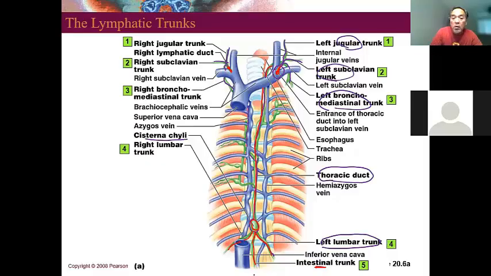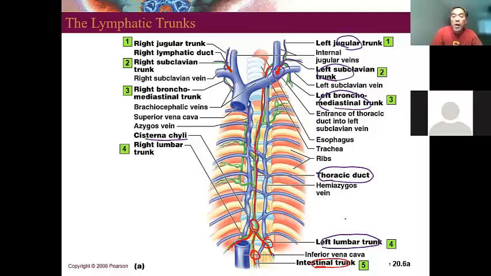And then from the thoracic duct, it now connects into the left subclavian vein. And those are the two trunks located at the terminal end, the lumbar and the intestinal. Only one for the intestinal, two in the lumbars. So that will be the last 4 of the trunks: the left lumbar, the right lumbar, and a single intestinal trunk.